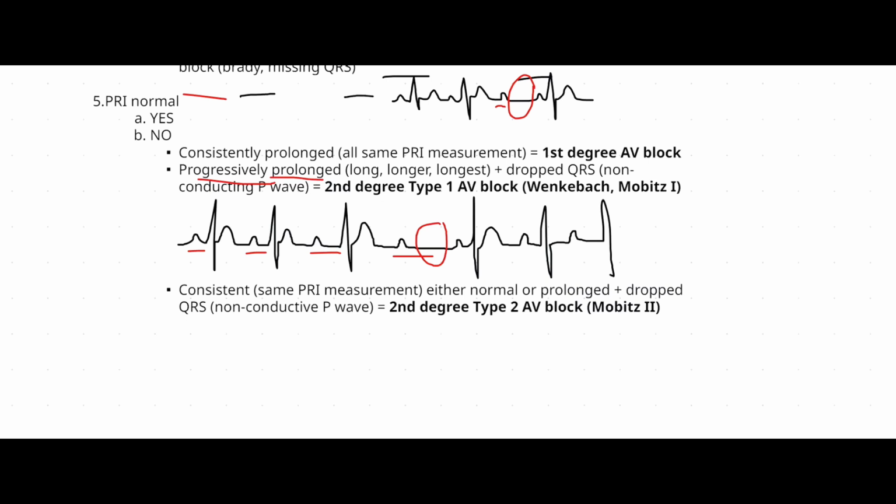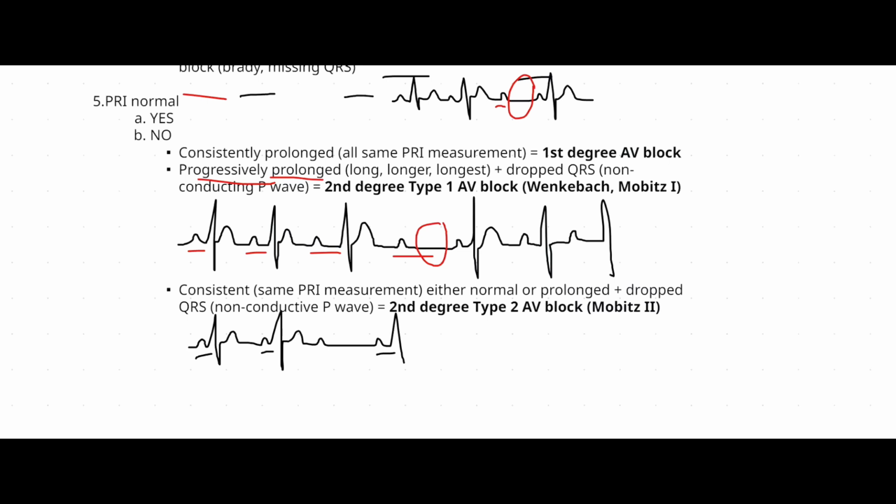QRS, T, P, QRS, T, and then all of a sudden you got a P wave, nothing, and then another P wave, okay? But the distance between all your other PRs would be normal, either consistently long, so they're all, let's say, 0.22 or 0.24, or they're all 0.2, but they're the same, okay?